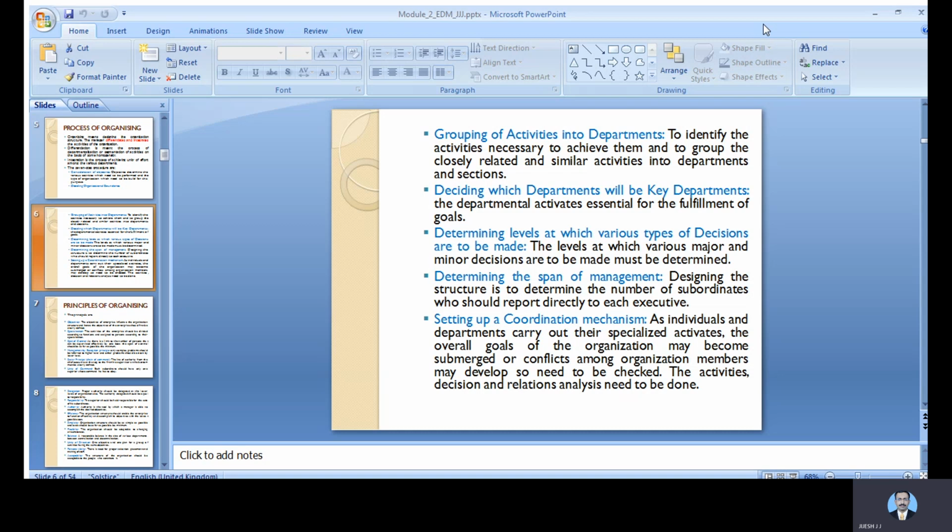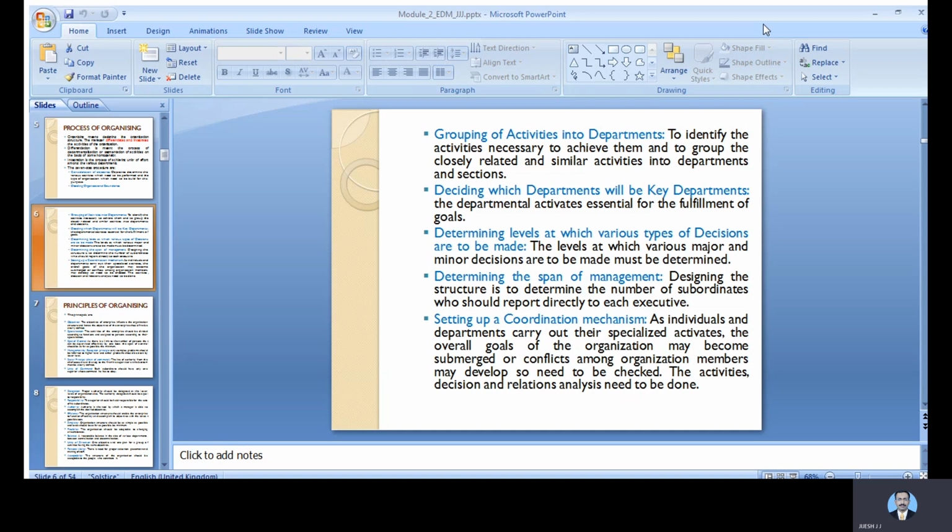Then you have grouping of activities into departments. Identify the activities necessary to achieve the objectives, and group the closely related and similar activities into departments and sections. We also decide which departments will be the key departments.